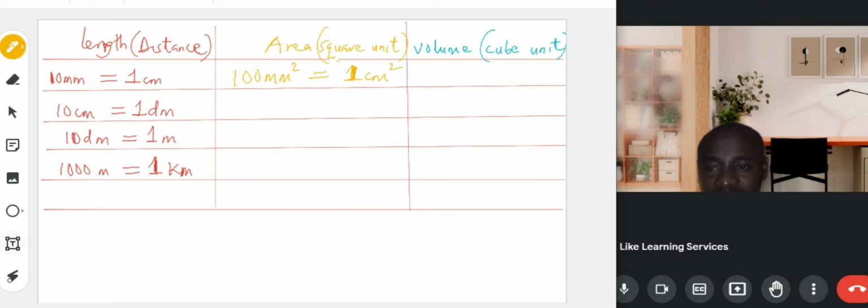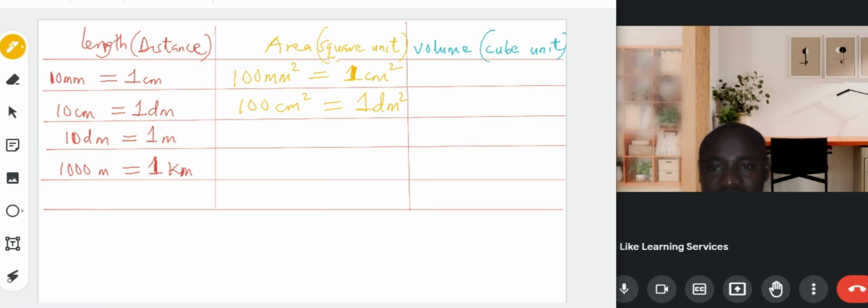Alright, so same thing when we come to centimeter. 10 squared centimeters equal to 1 squared decimeter, and 10 squared is 100, so that gives us 100 square centimeter equal to 1 square decimeter. Similarly, 10 squared decimeter equal to 1 square meter.